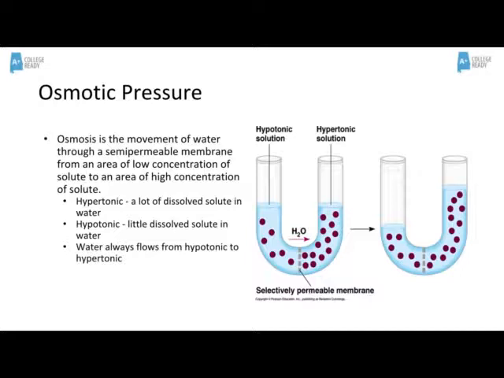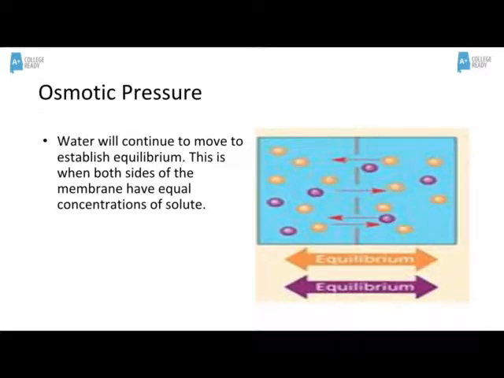Water is always going to move from hypo to hyper. It's going to move from where there's a little to where there is a lot, and it is going to keep moving until we establish equilibrium. This is where both sides of the membrane have an equal concentration, and the water keeps moving back and forth, constantly moving to maintain that equilibrium.